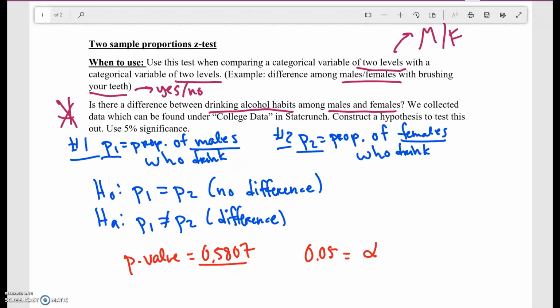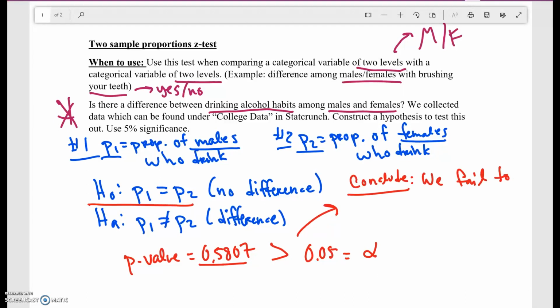Is our p-value low? Heck no, it's not low. Our p-value actually is greater. So can we reject H0? No, we cannot reject it. So what we conclude based on this test is that we fail to reject H0. So what can we conclude?